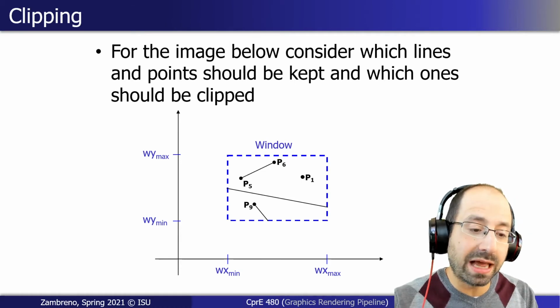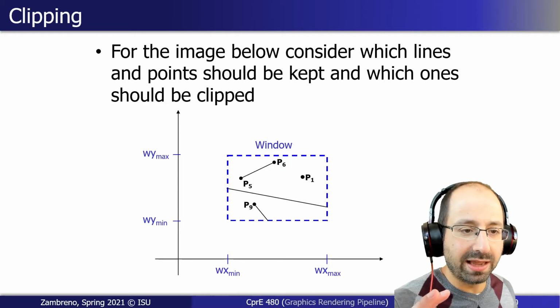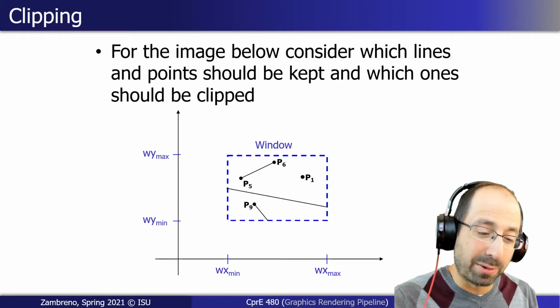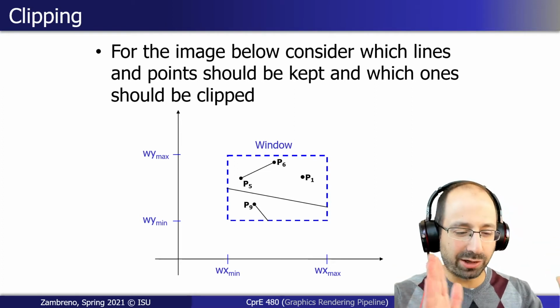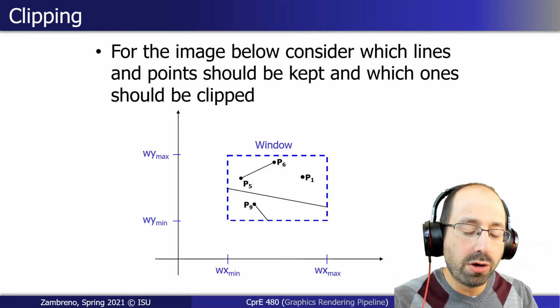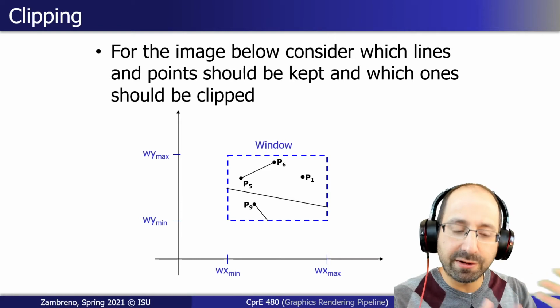So for the clipping operation, it is as if we're taking a pair of scissors and cutting everything that would wind up being outside the window. But unlike with a pair of scissors, we want to avoid having to draw everything and then to somehow erase the things that are outside the window. We want to have approaches that allow us to specify for input vertices that are specified. Let's modify those vertices.